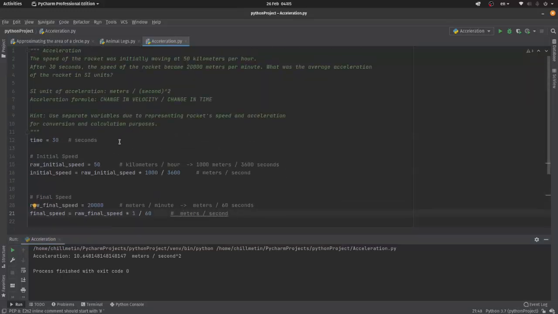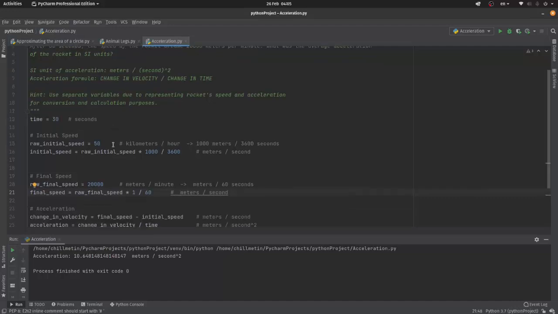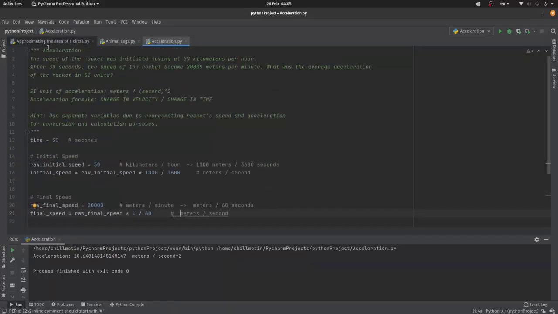And what's the best part of writing code in that style? The question is given in one way, but we made the program flexible, so that in the future, if the question says after 15 seconds instead of 30, and the rocket's speed became 30,000 meters per minute, we can just change some values here and our answer would be right.